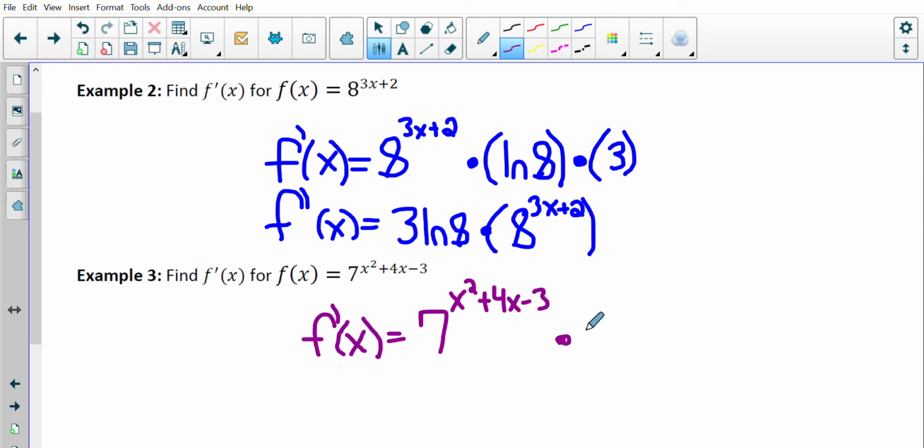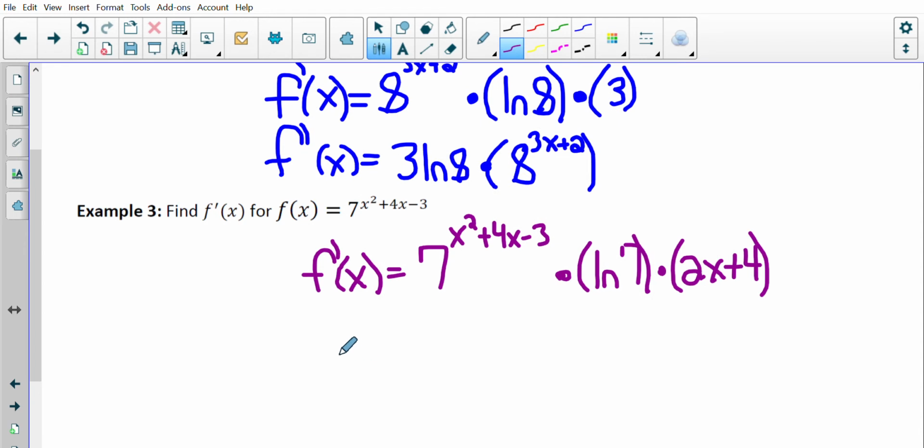Again, times the ln of 7. Then again, times the derivative of the exponent, which this time is going to be a little bit bigger. We're going to have 2x plus 4.